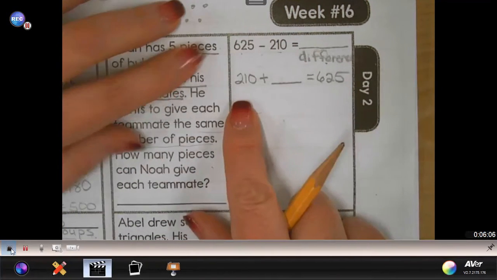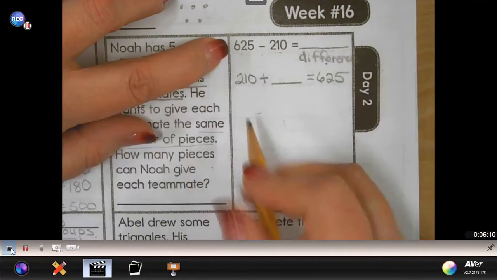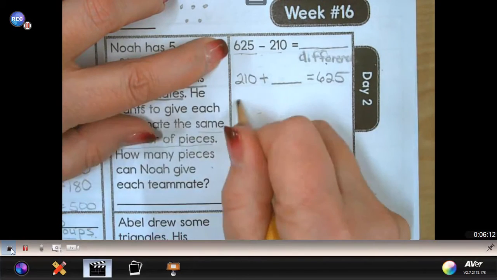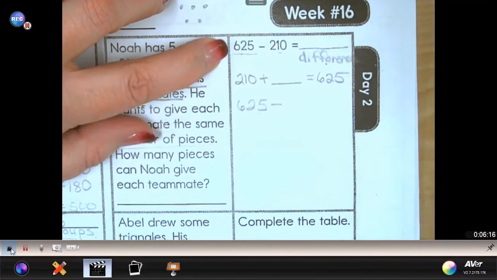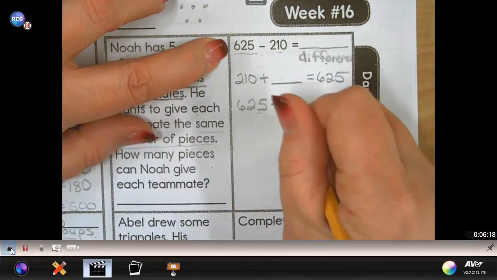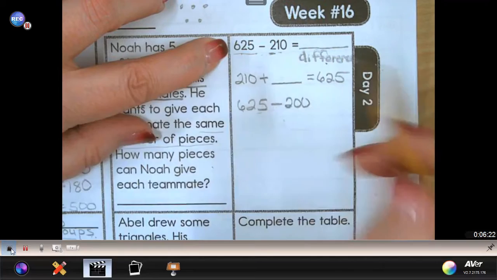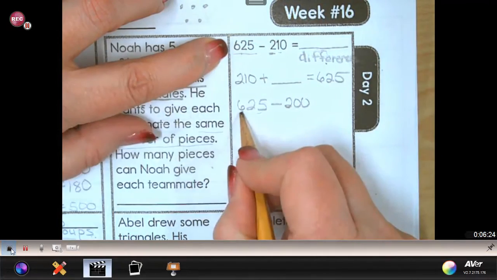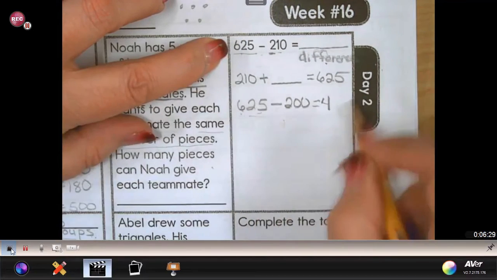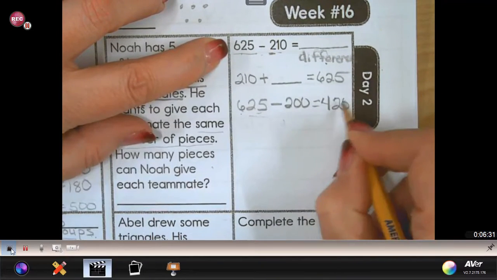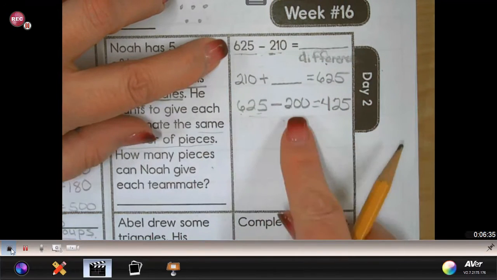So I'm going to use the subtract off strategy, which means I'm going to take my total and subtract off one place value at a time. So to do that, I subtract off my 200, and if I subtract 200 from 600, now I have 400, and 25 is what I have from my 10s and my 1s, since I haven't subtracted anything.